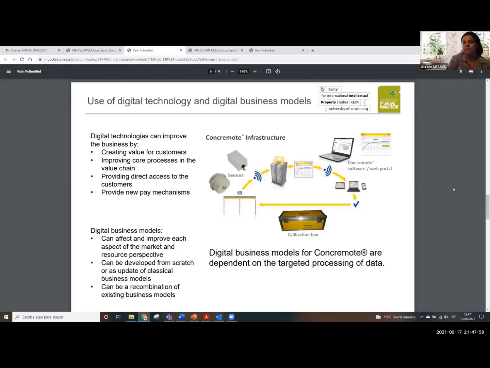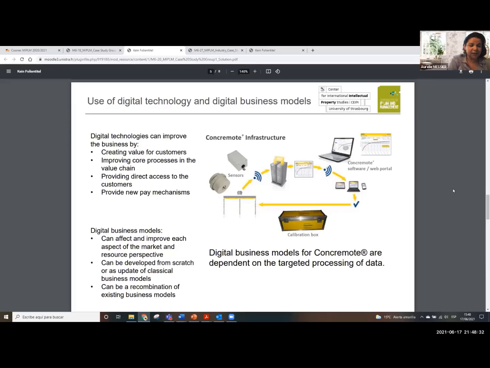So to explain to you how Doka has made a real shift to a digital strategy, we are going to look at the Concremote infrastructure. In fact, sensors are measuring temperature and humidity on the site itself, through cubes that can be standard cubes, and they are posted on the site.